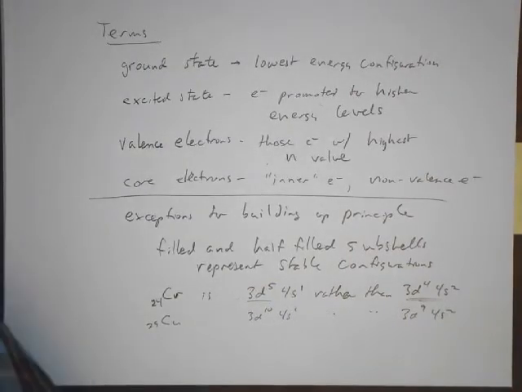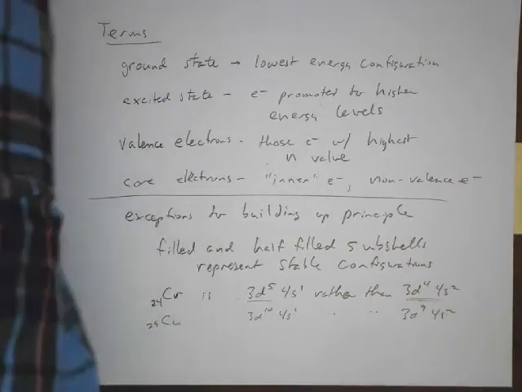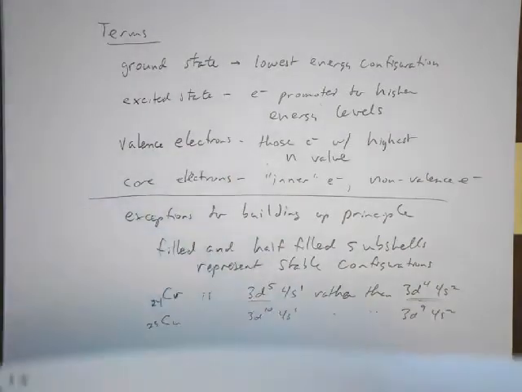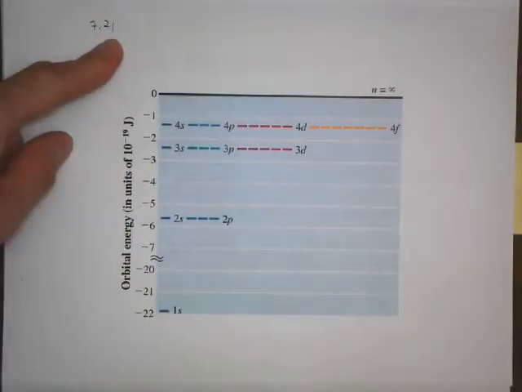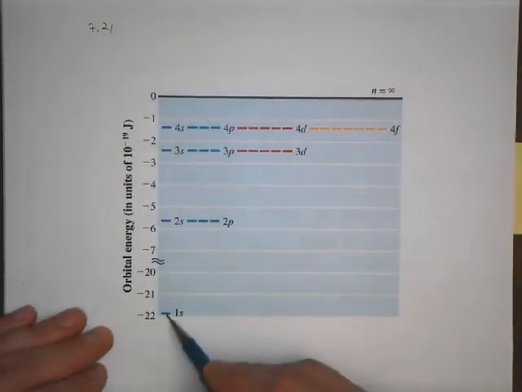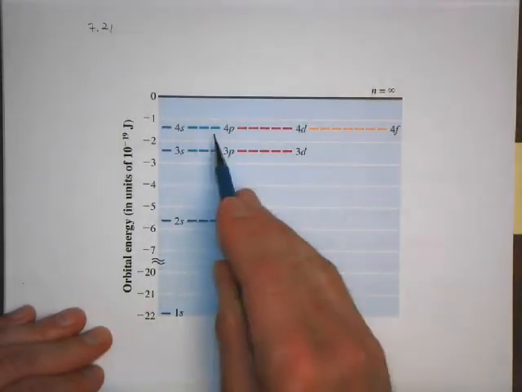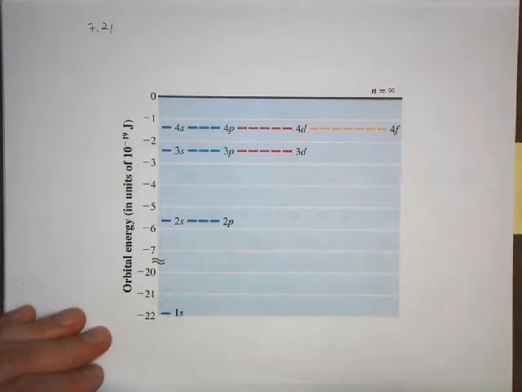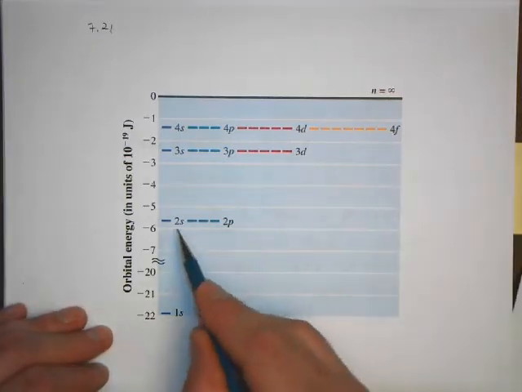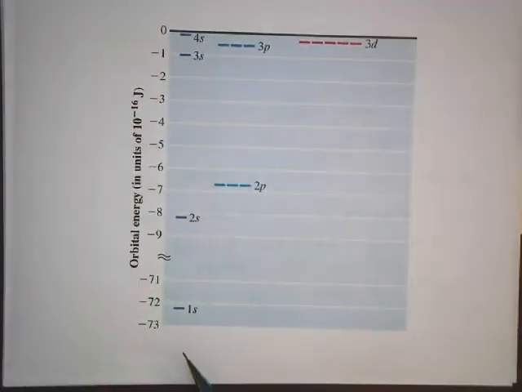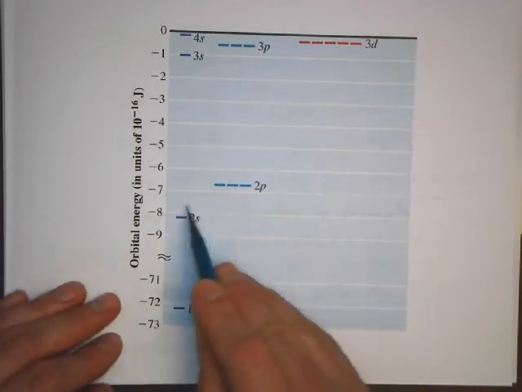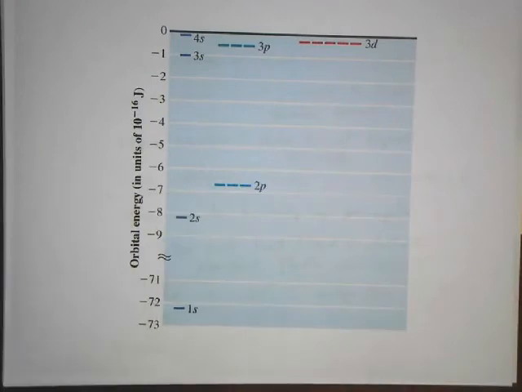And the reason this happens for these strange cases comes from this. If you recall, for the hydrogen atom, figure 7.21, all of the subshells in a shell are degenerate. They have the same energy. When we put more than one electron in, we end up with differences in the energies of the subshells.